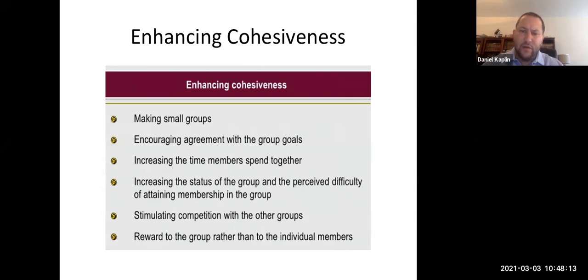Increasing the status of the group as a whole, right, is going to be important. Encouraging healthy debate and competition of ideas, and then rewarding the whole group, not any individual member, or praising the whole group, not any individual member.